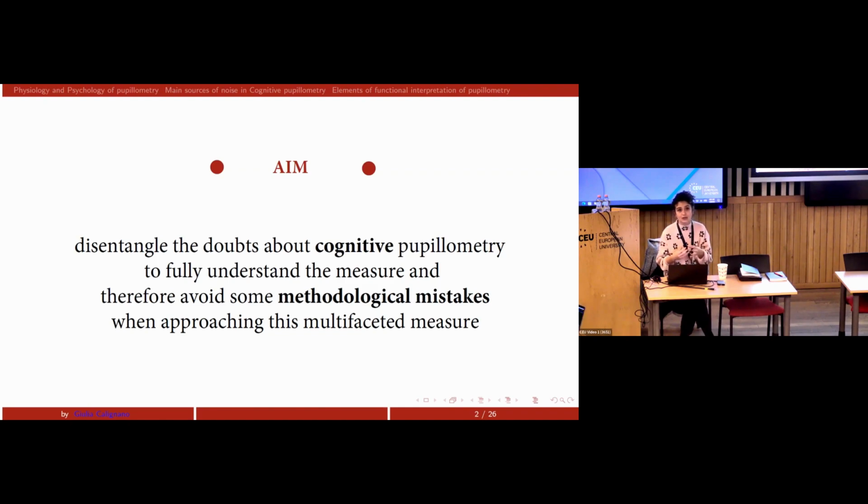So in a way, how to make use of pupillometry to get a cognitive interpretation of this measure, this index. So to fully understand the measure and therefore to avoid some very common methodological mistakes when approaching this multiphasic measure.